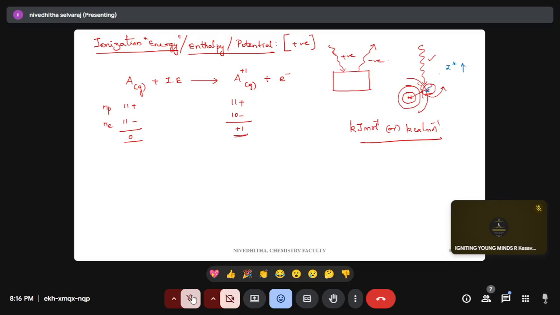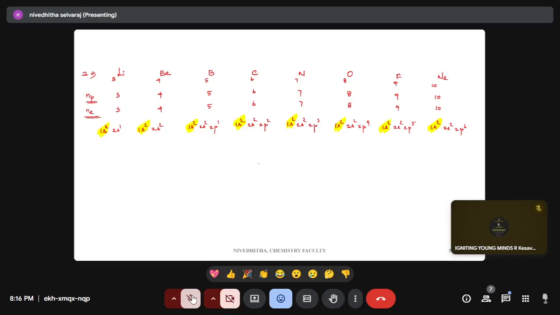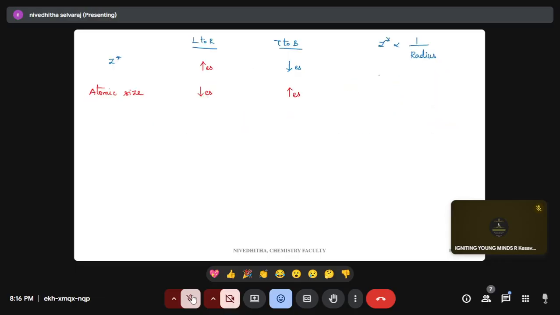To remove this electron, we have to supply more energy to break the attractive force between the nucleus and the valence electron. So if effective nuclear charge is more, then definitely we have to supply more energy to remove it. So effective nuclear charge is directly proportional to ionization energy.